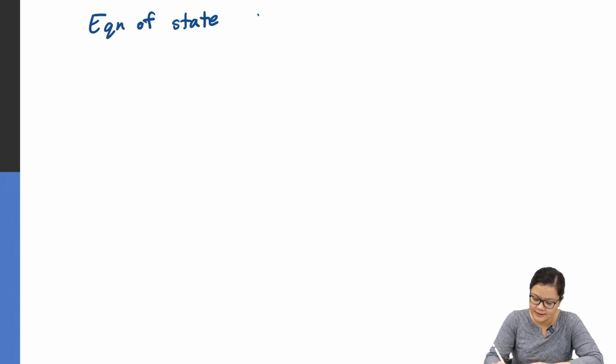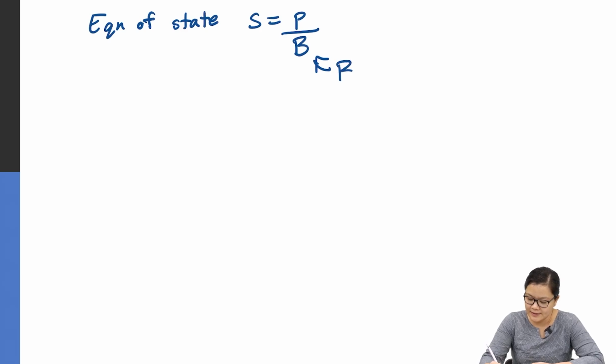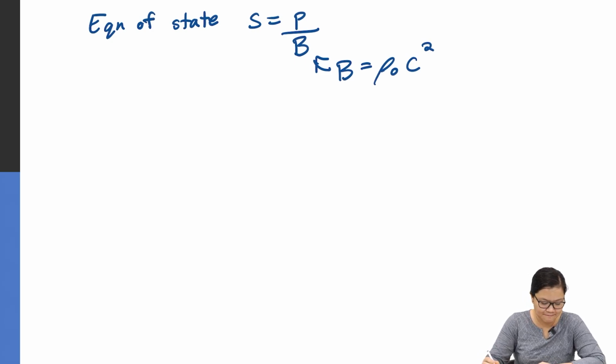We're given that the condensation equals the pressure divided by the bulk modulus. And note that the bulk modulus equals the equilibrium density times the longitudinal sound speed squared. So B equals rho naught c squared.